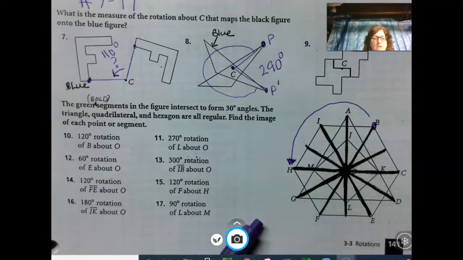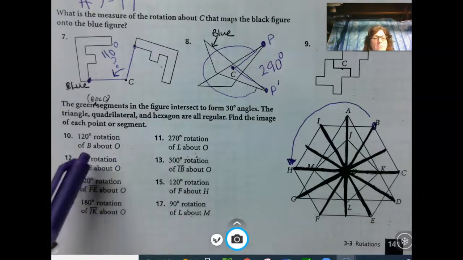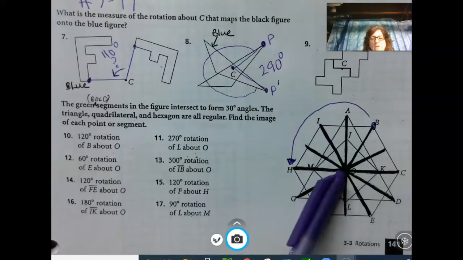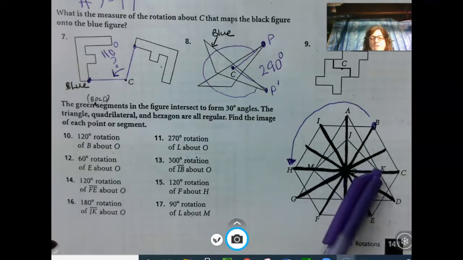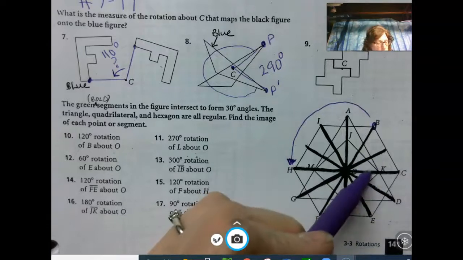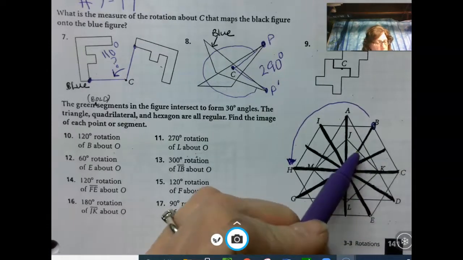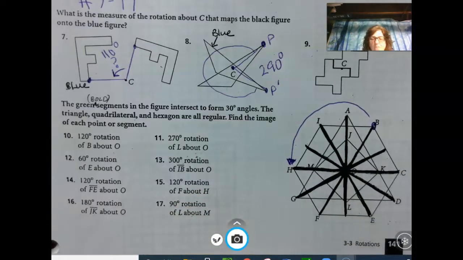Numbers 10 through 17, we're going to rotate certain points about the center of rotation. Right here is O. If you notice, can you figure out what is the degree measurement in between each of these angles here? Hopefully you figured out that it was 30 degrees.